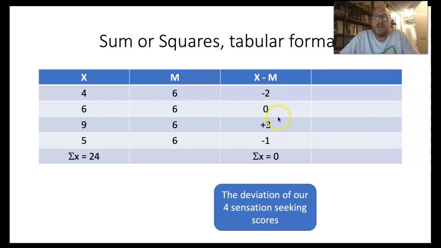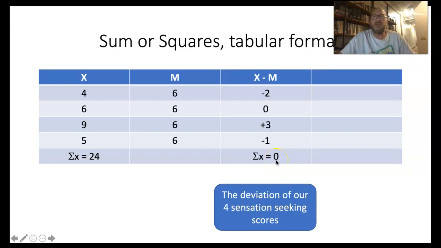Now, I can't just average this and say on average how far are people from the mean, because if you notice what happens here, if we add this up, that's 0. So I can't add that up and divide by 4. In fact, the reason that we have the sum of squares is because this will always be 0.